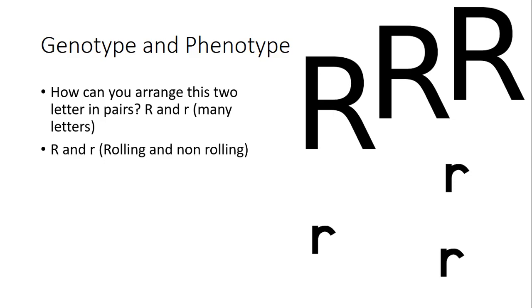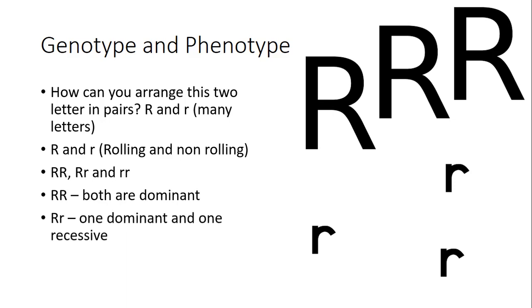Capital R, as I've already told, is dominant and is for rolling. Small r is for non-rolling. So these are the three ways in which we can represent this: capital R capital R, capital R small r, and small r small r. When both are capital R, it is dominant.